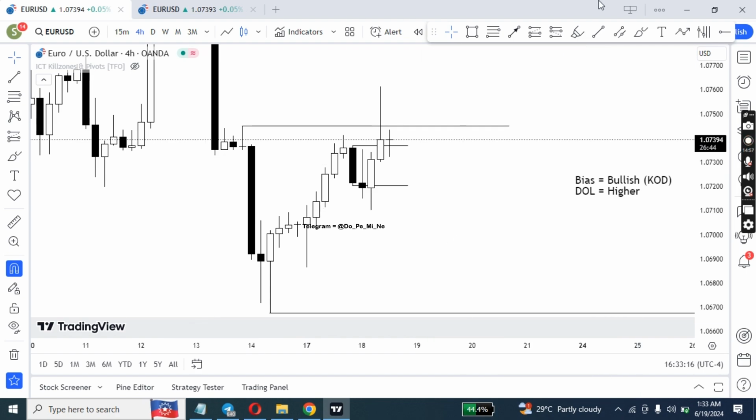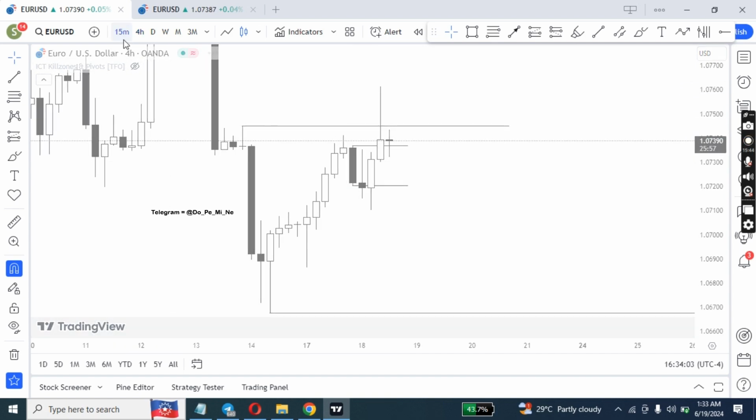Now obviously I'm expecting this range high to be taken right here. It can potentially act as our target, but my job as an intraday trader using CRT and turtle soup concepts is to frame a trade idea within this CRT right here.